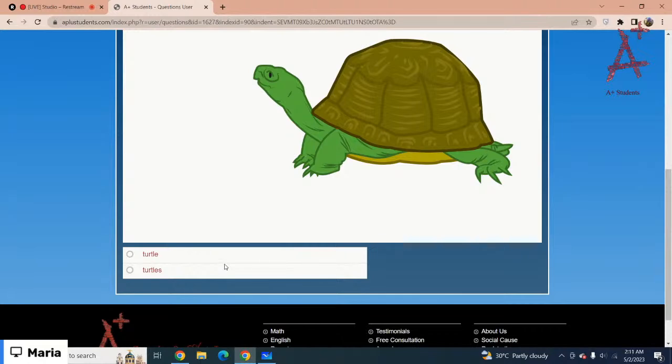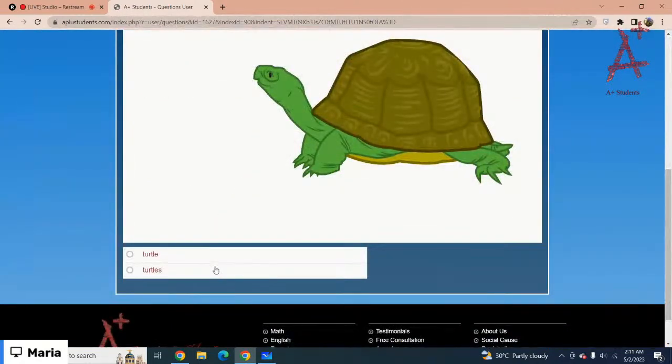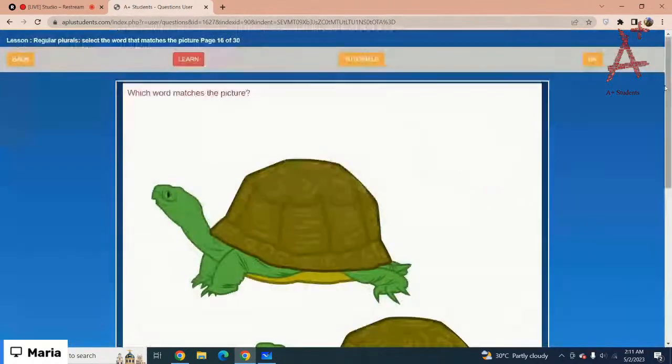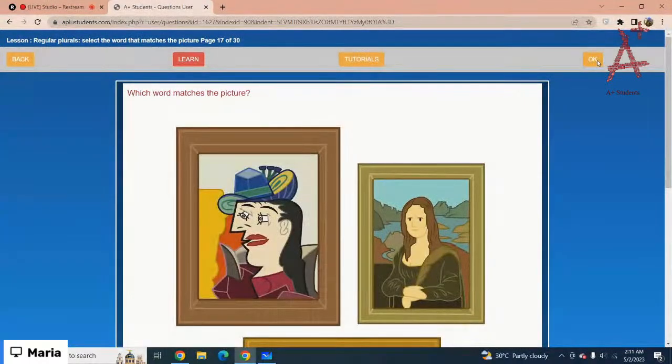Turtle or turtles? They are more than one, so they are turtles, plural. Okay, you can complete the test by yourself later today. Let me move on to the next lesson.